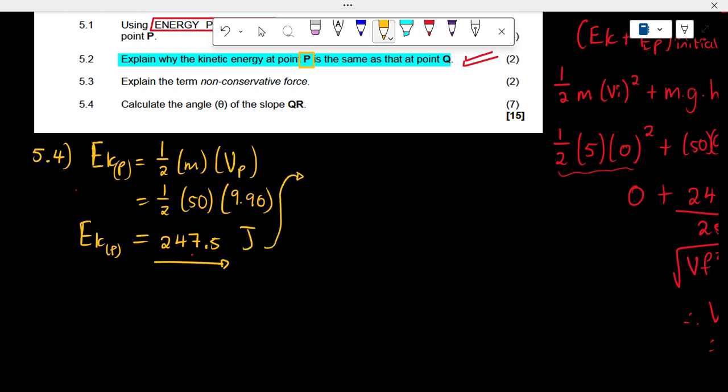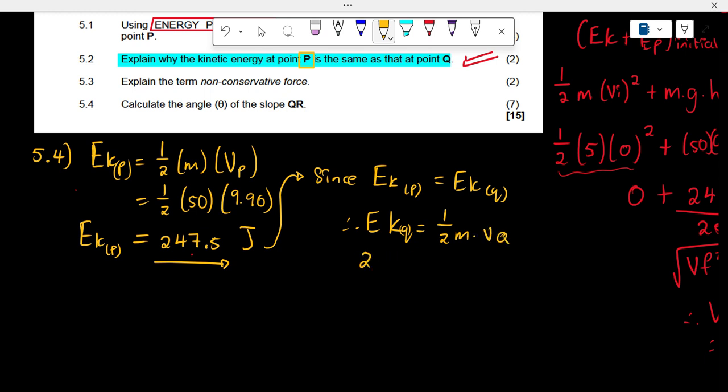Now from here, I can then say, since the kinetic energy of P is equivalent to the kinetic energy at point Q, that means that the kinetic energy at point Q, which is equivalent to half the mass times the velocity at Q, is going to be equal to 247.5, which is equivalent to 1 over 2 times the mass of 50 times the velocity at Q, which is what we want.